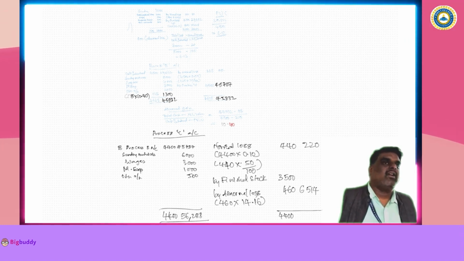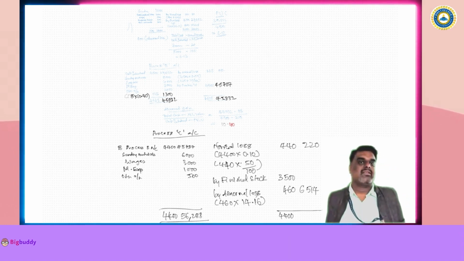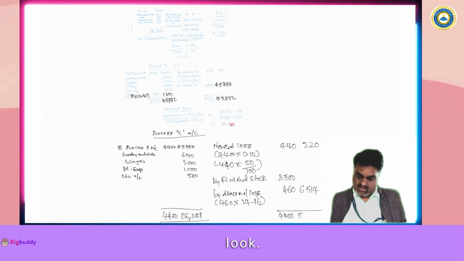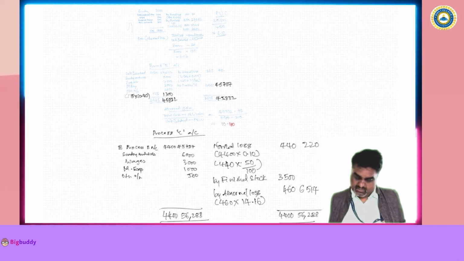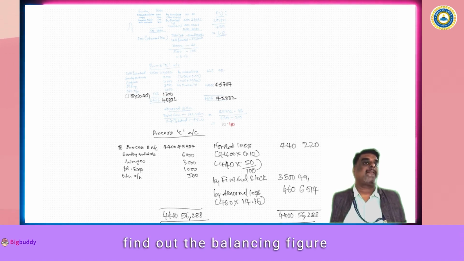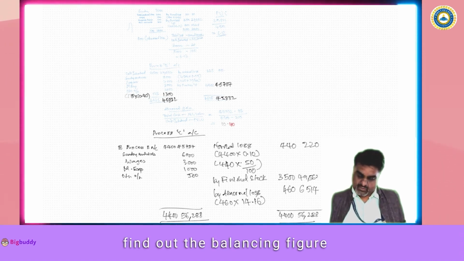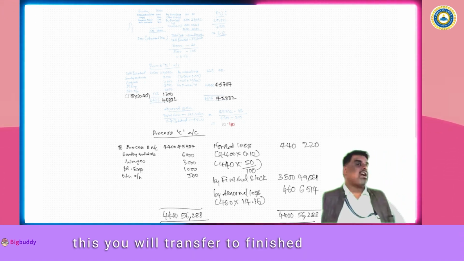To find out the balancing figure, 561. This you will transfer to finished stock account.